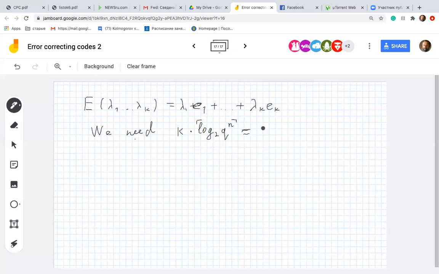Approximately this is kn log q bits to find these vectors.